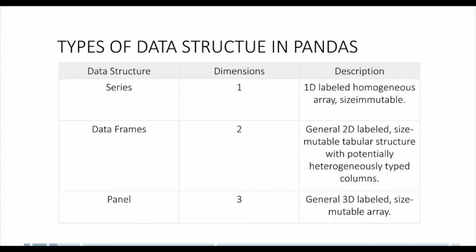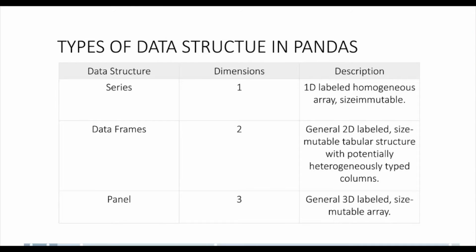Second, DataFrames, the most used data structure in data analysis and data science, which is a 2D labeled, size-mutable tabular structure with potentially heterogeneously typed columns. We will see DataFrames in the next few slides and learn more about this data structure.